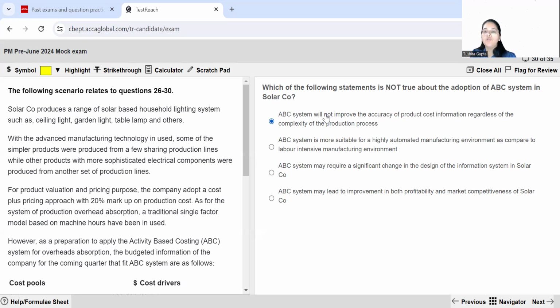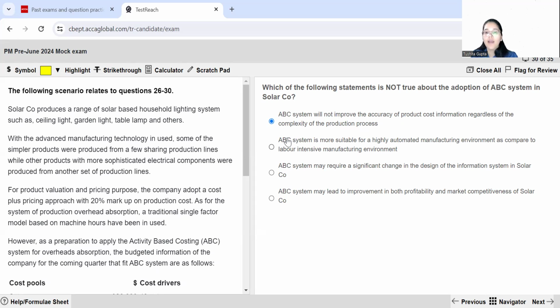This statement is saying that it will not improve the accuracy of cost information. This is not true, and you have to choose the option which is not true. This becomes a little bit confusing because you have to select something which is false, and this statement is false. So this is your answer.